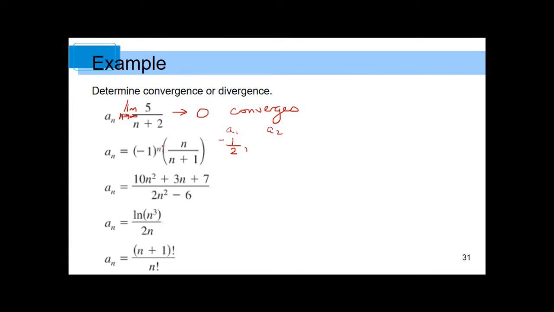If we have a sub 2, we have negative 1 to the second power, we get a positive 2 over 3. And then a sub 3, we're going to get a negative 3 over 4. And a sub 4, we're going to get a positive 4 over 5.